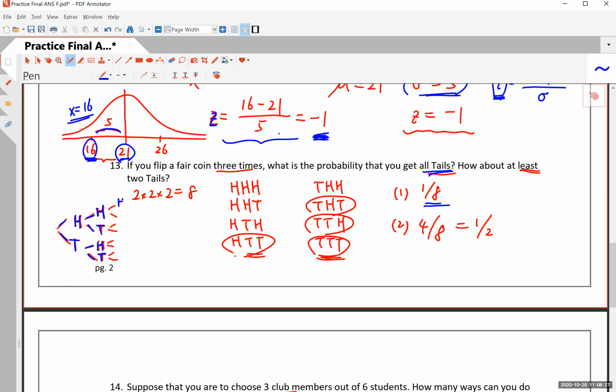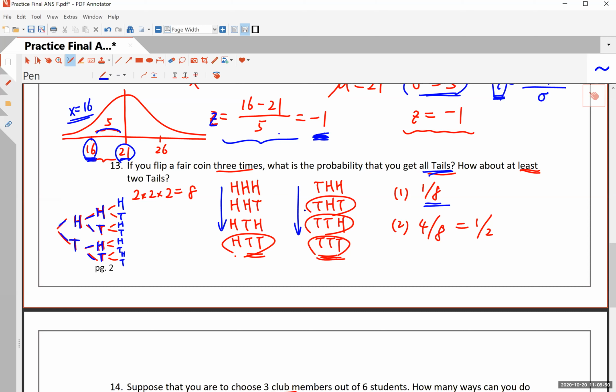And so you basically have, let's go ahead and fill this, H T, H T, H T, H T. If you follow all of these branches, you come up with your 8 outcomes, HHH, HHT, and so on. It's a good idea to write this in dictionary order, lexicographical, alphabetical order.